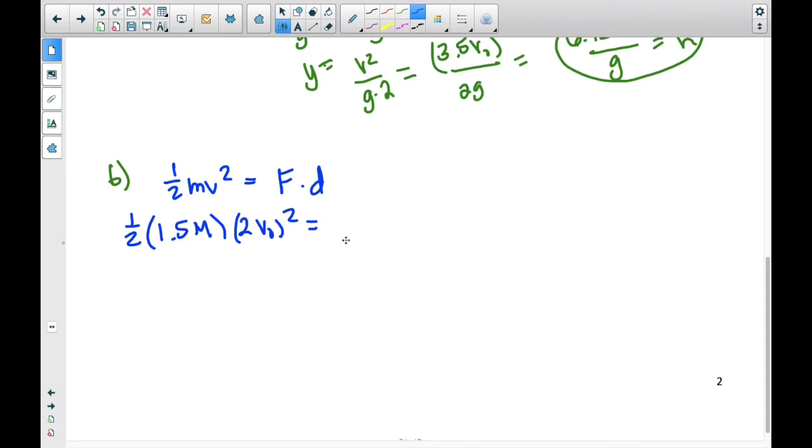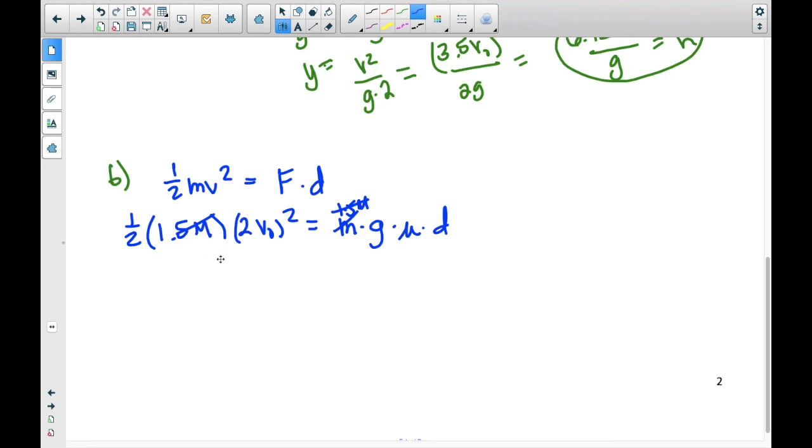That's what's bringing it to a stop, is the frictional force. Well, friction is mass times gravity times mu. So we need to look at all of those options in there. The mass is also 1.5 capital M. That's going to cancel out. That was 1.5 capital M. It cancels out with that one.